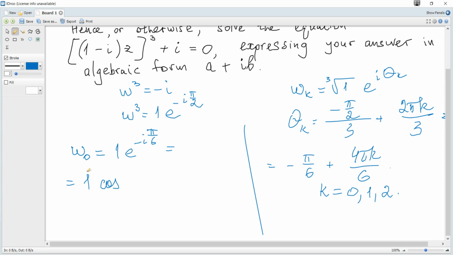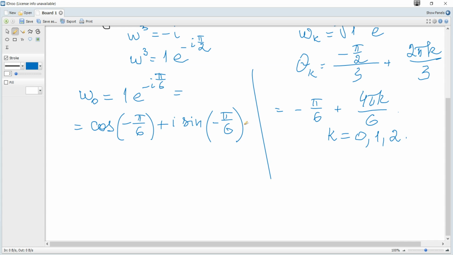Cosine, or we can ignore 1, so it's cosine of negative pi over 6 plus i sine of negative pi over 6. And cosine is an even function. Cosine of negative pi over 6 is the same as cosine of pi over 6. Pi over 6 is 30 degrees, so it's root 3 over 2. And sine is an odd function, so sine of a negative angle is negative sine of the same positive angle, so it's minus i sine of pi over 6, which is a half.